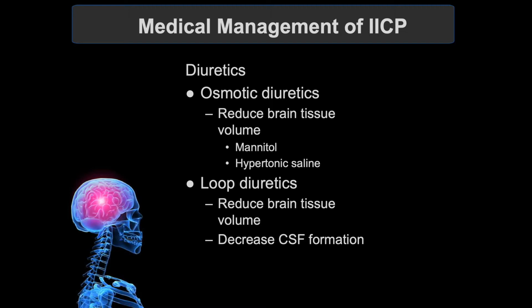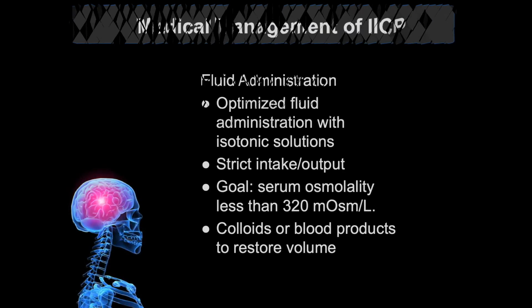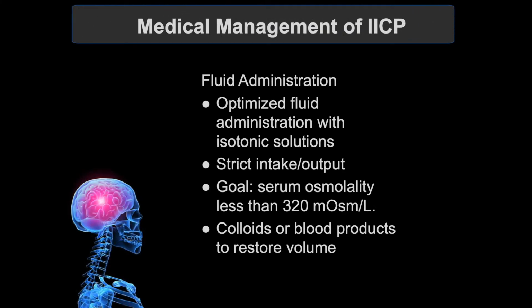Now, these osmotic diuretics work so well in withdrawing fluid from normal brain tissue that rebound cerebral edema may actually occur. This means that the healthcare team needs to monitor very carefully specific gravities and osmolarity of blood and urine.